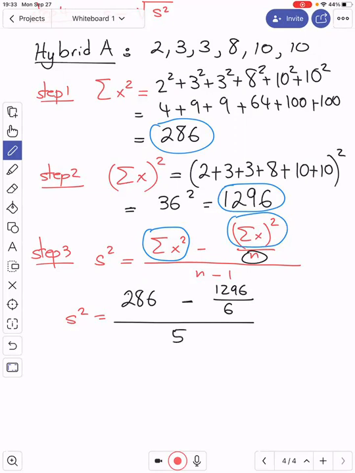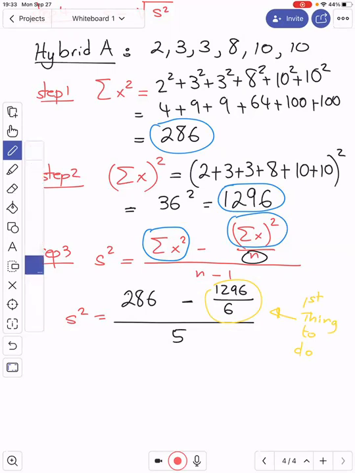When you have such a fraction, guys, first you have to divide this thing here. This is the first thing to do. Divide 1296 by 6.